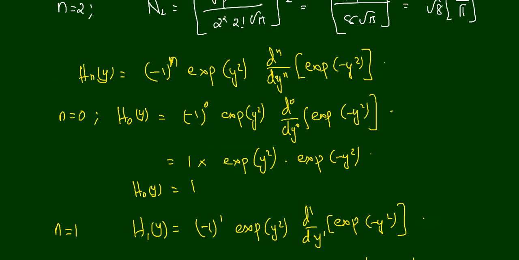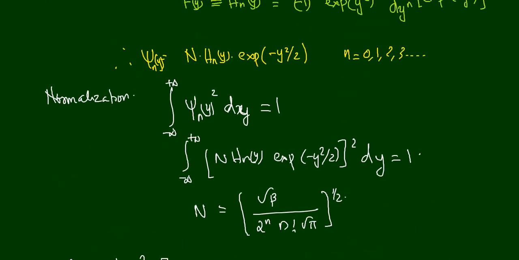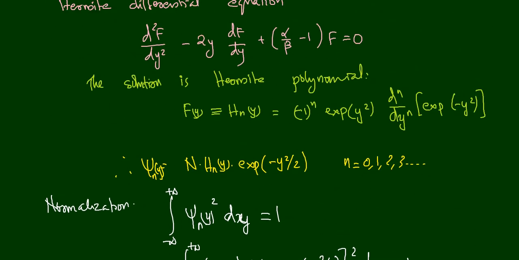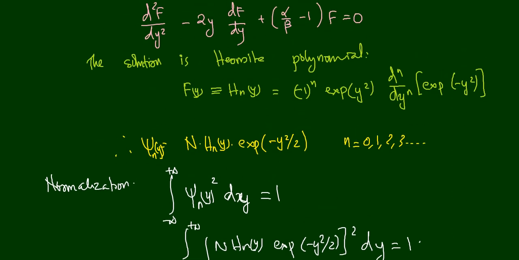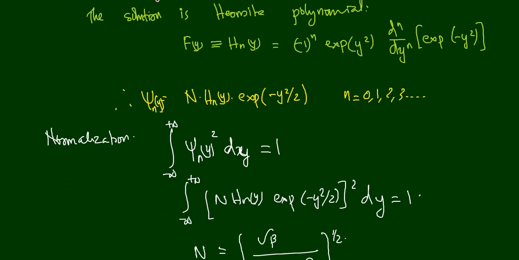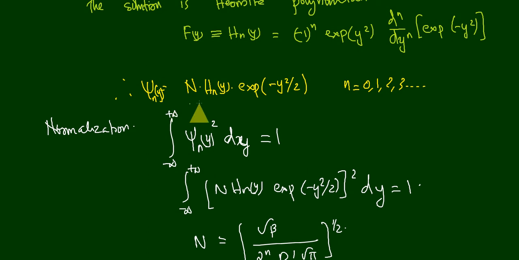And now what we have to find out: we already have the expression for psi, and here we already have n for different values of n, and we already have h and y for different values of n, and the last term is exponential minus y square by 2. So how can we write exponential minus y square by 2?